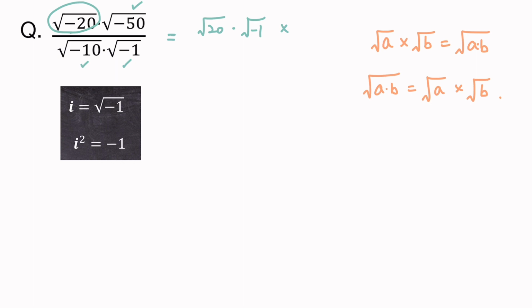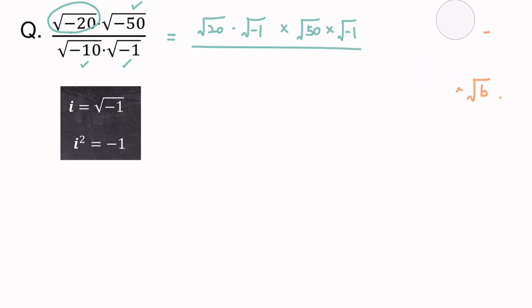So I'm going to multiply that by the square root of 50, which can be rewritten as the square root of 50 times the square root of -1. And I'm going to continue doing that to the bottom numbers as well. I'm going to end up with the square root of 10 times, actually let's use just a dot here, the square root of -1 times the square root of 1 times the square root of -1.